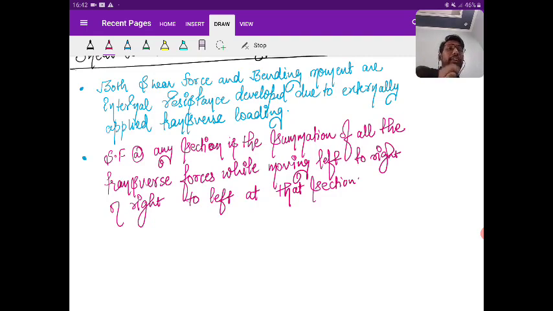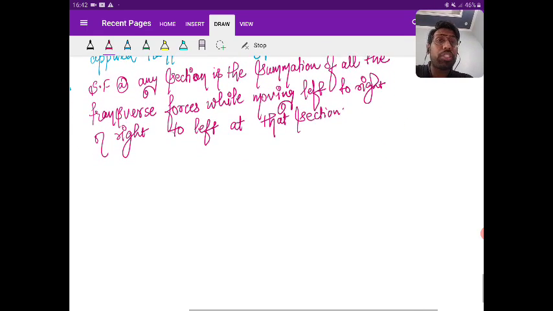Right? It says that it is the summation of all the transverse forces while moving left to right or right to left at any section. So see this, try to understand.